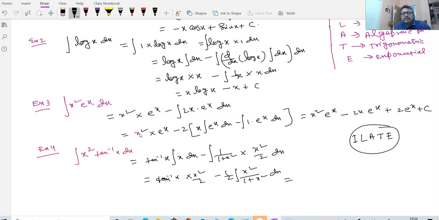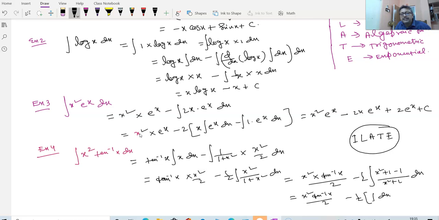This integration all of you know. This will be x squared into tan inverse x by 2 minus half into, you write this way as x squared plus 1 minus 1 by, so there it will be x squared, half into integration dx, dx by 1 plus x squared.